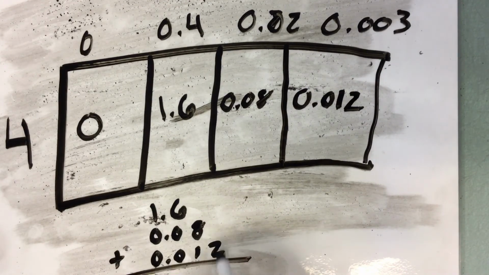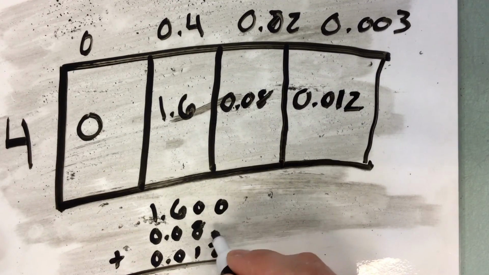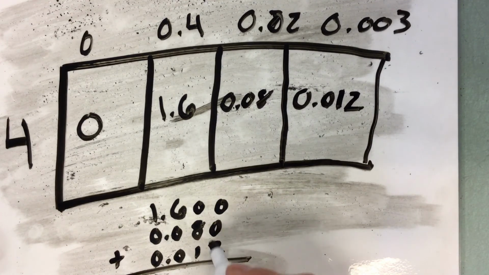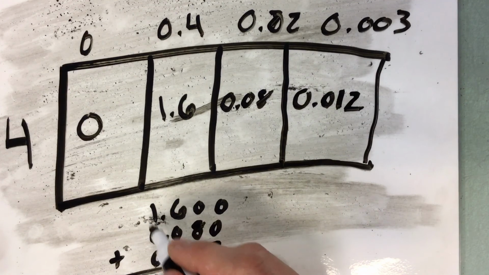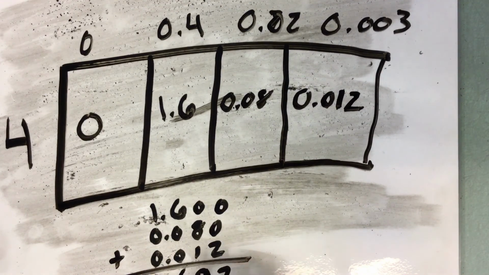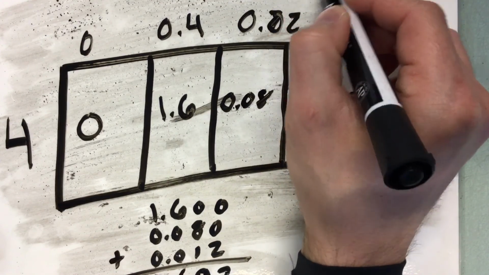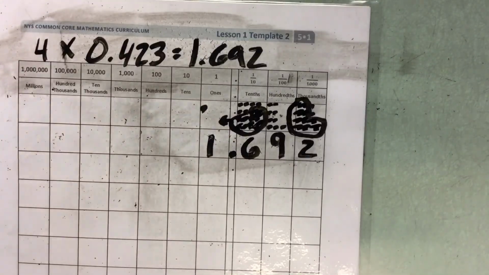So adding these, I can fill in these place values with zeros. 2 plus 0 plus 0 is 2. 8 plus 1 is 9. 6 plus nothing is 6. And then I drop our decimal, and then 1 plus 0 is 1. That would give me a total of 1 and 692 thousandths. So checking our work, we got the same answer on both sides.